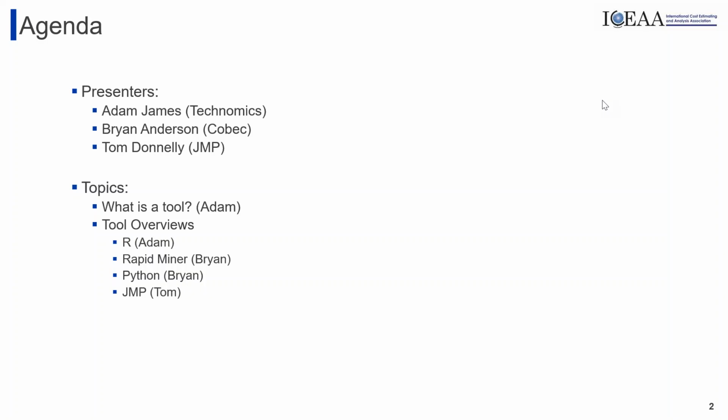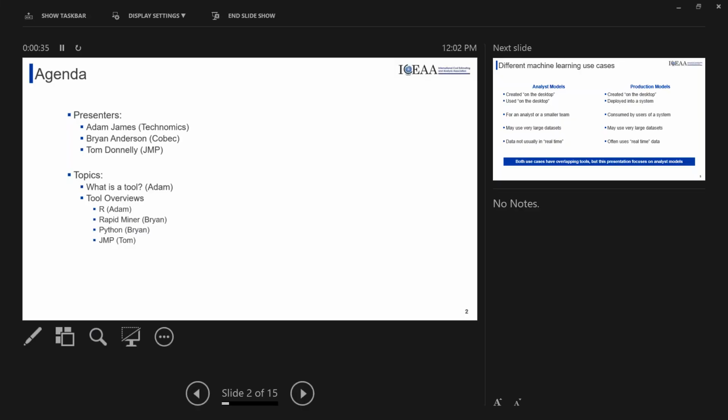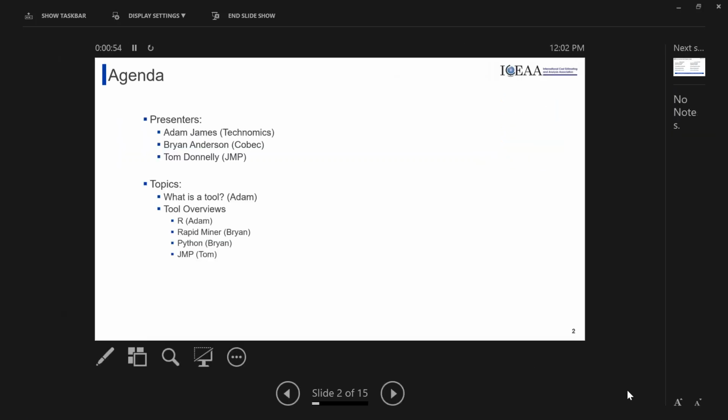Sorry, I haven't used GoToMeeting a whole lot, but I'm trying to reshare just the presentation. You guys seeing that now? Still presenter mode. Okay. All right. Well, I'll try to just work on that a little bit. I don't want to slow things down too much. I'll make it at least as big as we can.